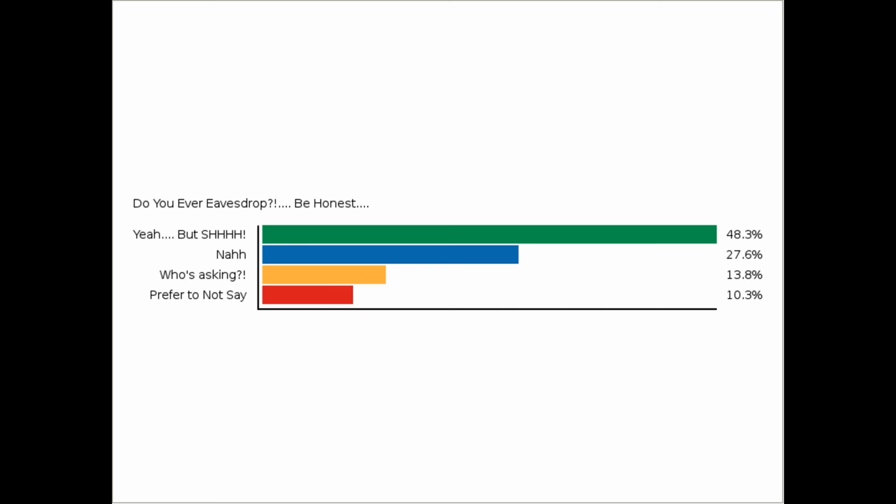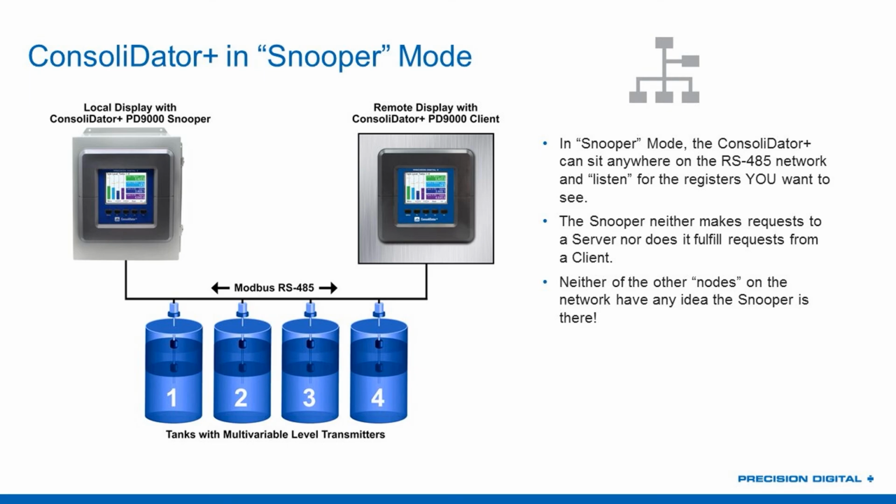Well, the reason why I asked you that question is not just me trying to be funny. It actually relates to the analogy I use to explain the next Modbus mode, and this one is snooper mode. Again, this is a feature that we had on our legacy products, but we expanded the capabilities with the snooper mode.